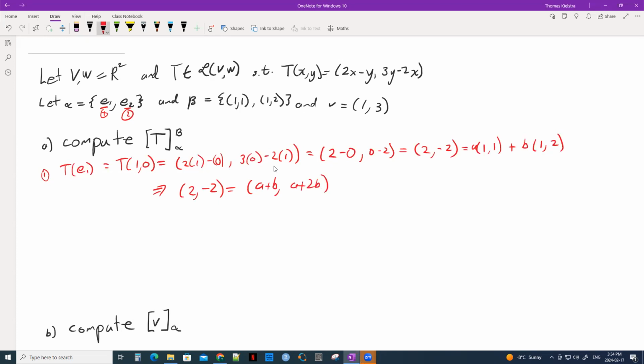We're going to have to solve a system of equations. And our system of equations is A plus B equals 2 and A plus 2B equals -2, which gives the following augmented system of equations.